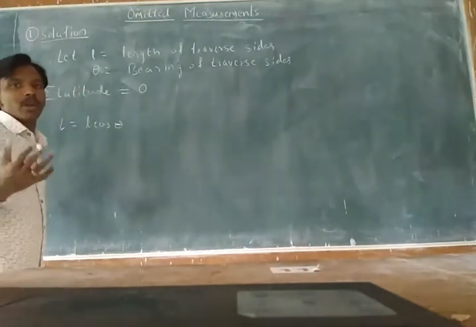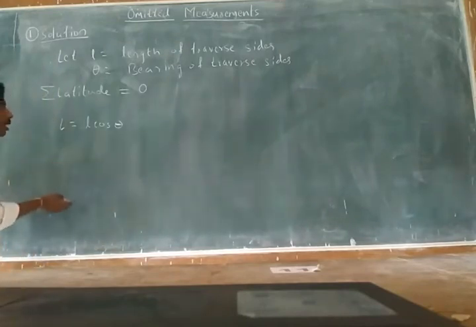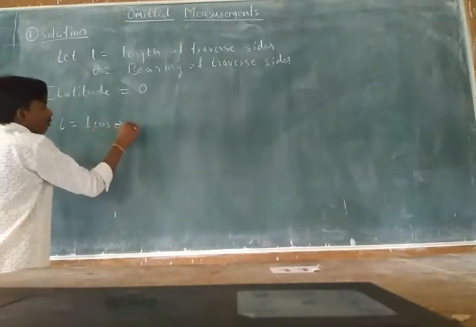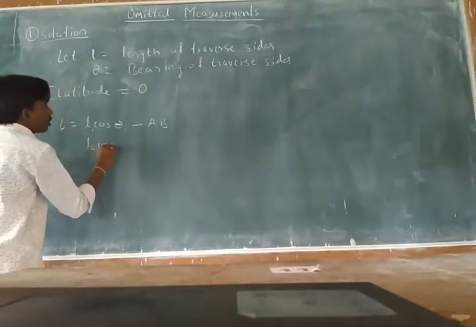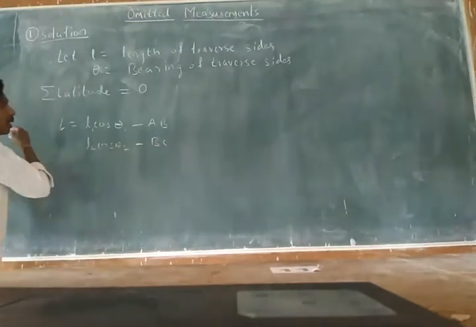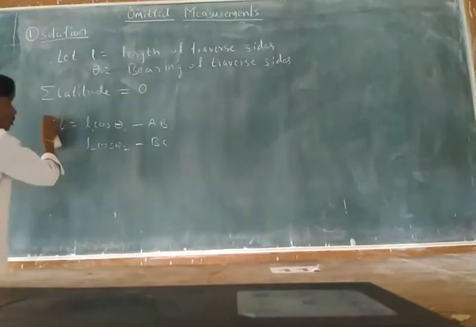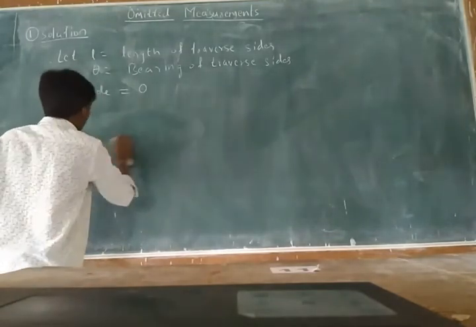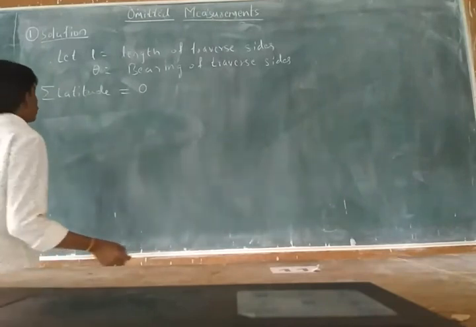So there are 5 lengths and 5 bearings. So we can take L1 cos theta 1 for AB and L2 cos theta 2 for BC. In this manner we can directly write the latitude equation. So let's write it directly. We don't need to calculate separately the latitudes and departures.